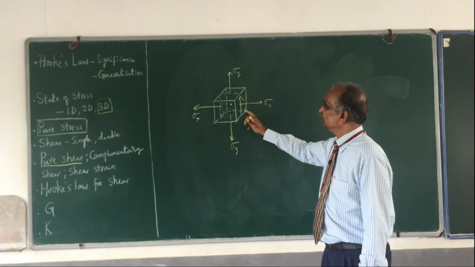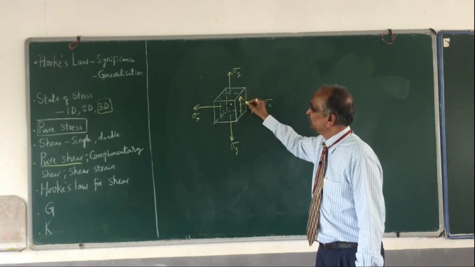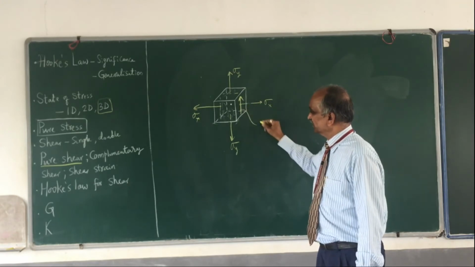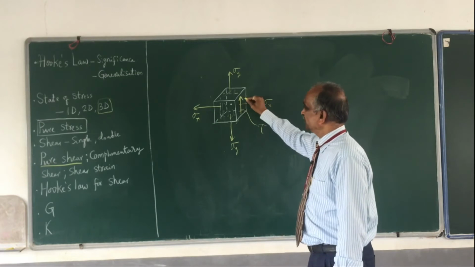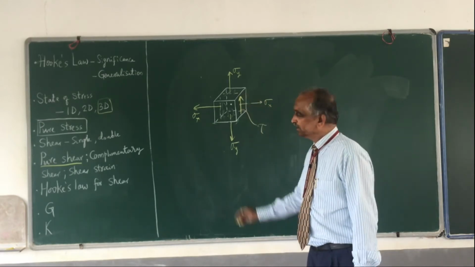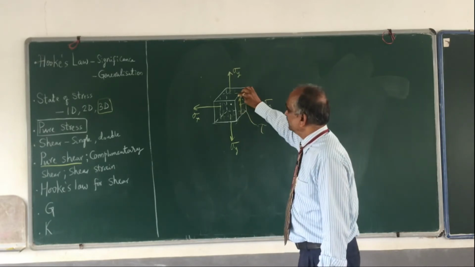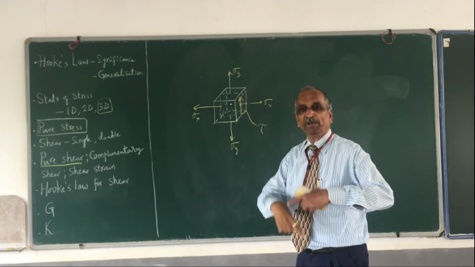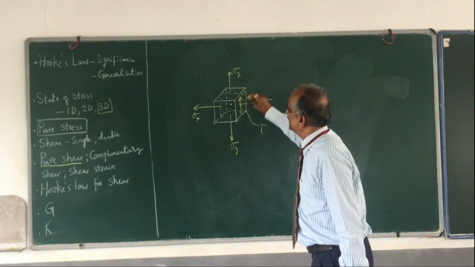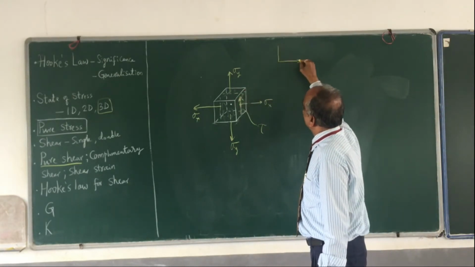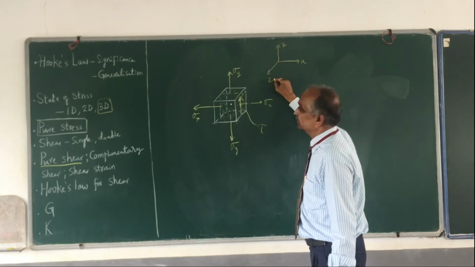Okay, so this is usually the notation. What is this? Shear stress tau. Shear stress acting on what? Acting on this plane. How is this plane? This plane is perpendicular to the x-axis, assuming that this is my x-axis, this is the y-axis and this is the z-axis.